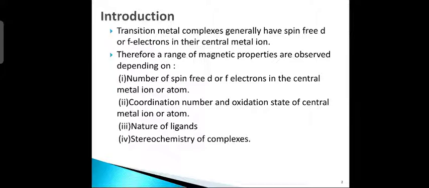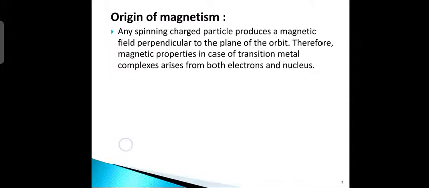Therefore, they exhibit a wide range of magnetic properties. These properties depend upon the number of spin free d or f electrons in the central metal ion or atom, the coordination number and oxidation state of the central metal ion or atom, the nature of the ligands, and the stereochemistry of complexes.